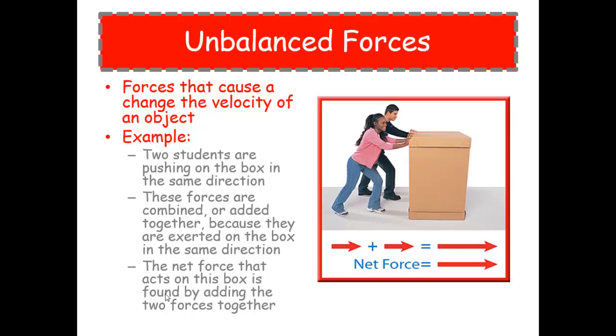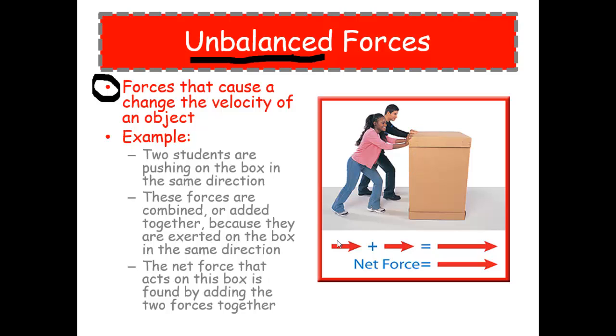You can have the opposite happening though, where the forces actually cause a change in velocity. Now we have unbalanced forces, and unbalanced forces can happen in a couple of different ways. I have an example here of this lady and this gentleman. They get on the same side of the box, and they're pushing in the same direction.